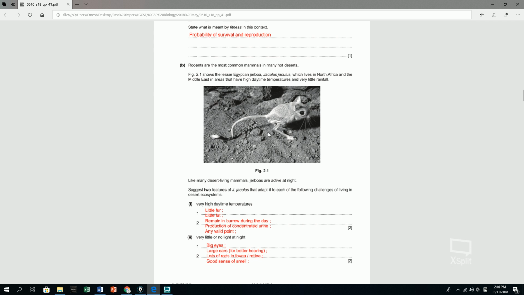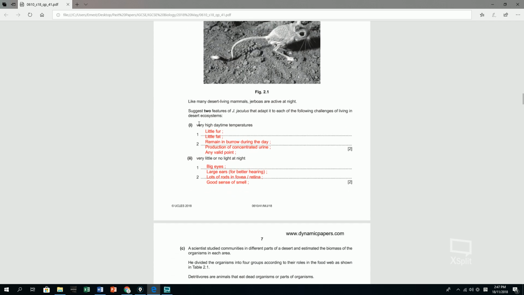So in this question here, they give you a picture of this rodent, and they say that it's a nocturnal animal that lives in desert conditions. They ask you to tell them how they are adapted, looking at the picture, to high daytime temperatures and also little light at night.